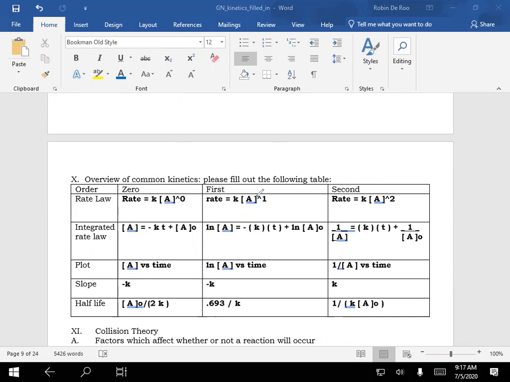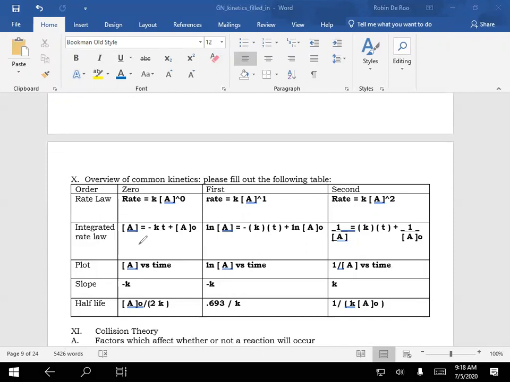First order, it's A to the 1. Second order, it's A to the 2. Remember, the way that we get the integrated rate law is by integrating this. The calculus gives us this for the integrated rate law for 0 order. This is our integrated rate law for first order. This is our integrated rate law for second order.